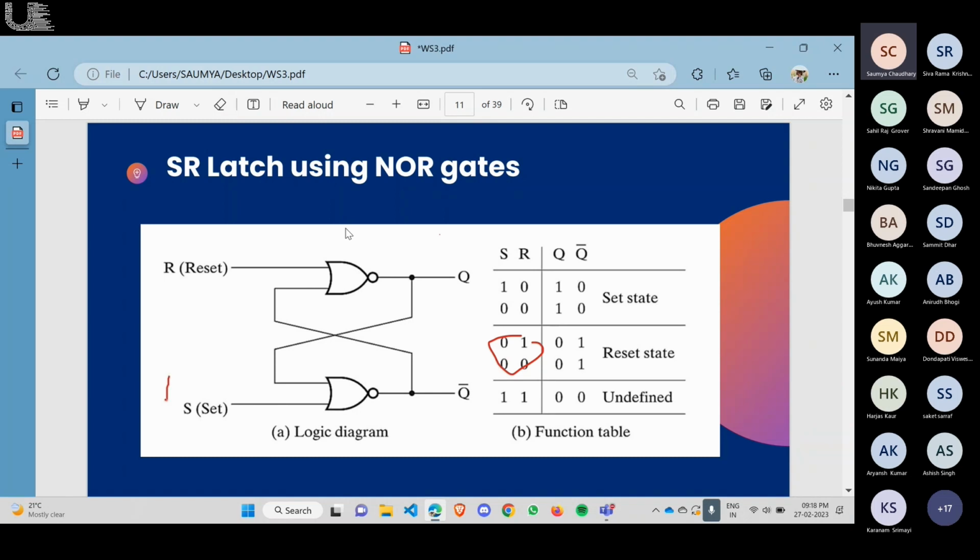So in this case, if we have S as 1 and R as 0, in the NOR gate the output does not depend on the other input. With 0 and 0 here we will get 1.